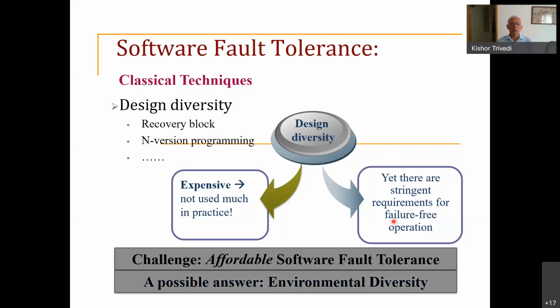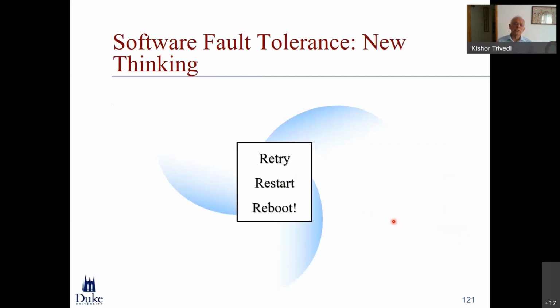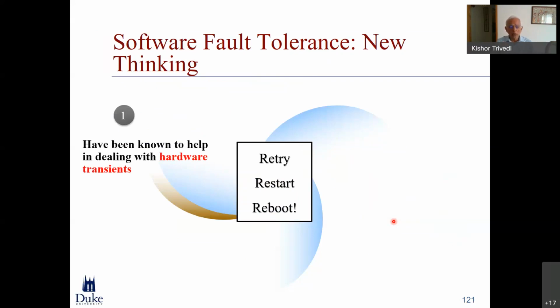And the affordable software fault tolerance, we call it environmental diversity. There's a brief foray into this, which will be explored in greater detail next week in my Tuesday webinar by the IEEE Reliability Society. So retry, restart, and reboot have been known to help in dealing with hardware transient faults.